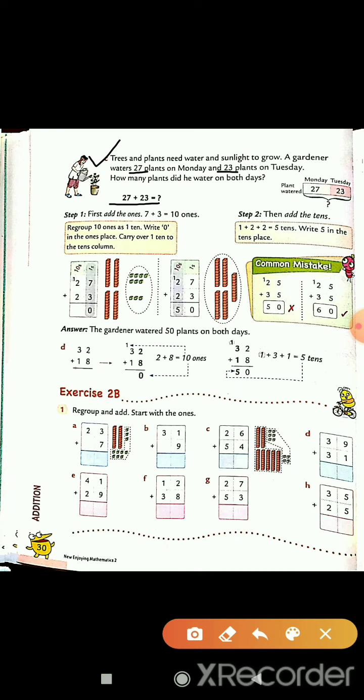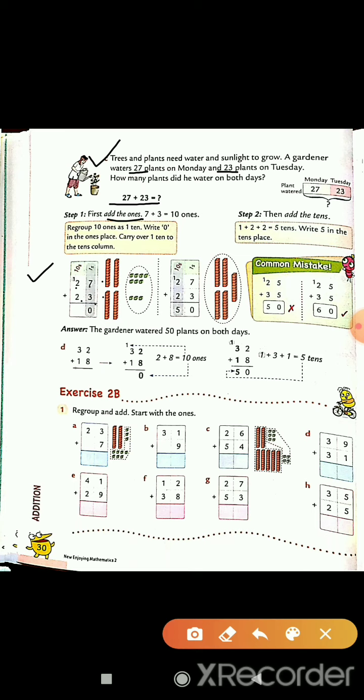First of all, you have to write 27 and 23 properly according to their place value, like this, 27 and 23. Now the first step is you have to add the ones. At the place of ones, here 7 and 3 are there.